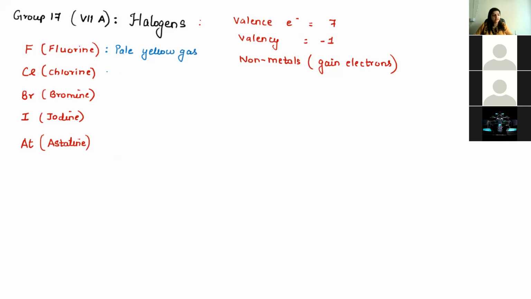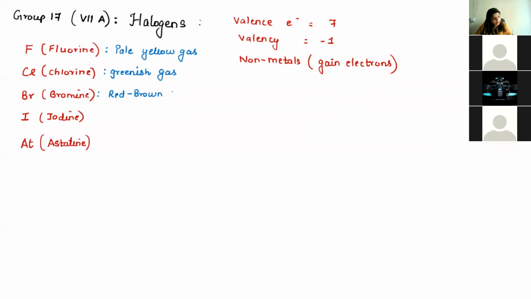Chlorine is also a greenish yellow gas. Bromine is a reddish brown liquid.